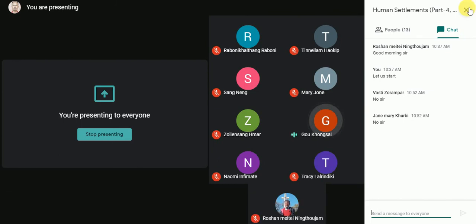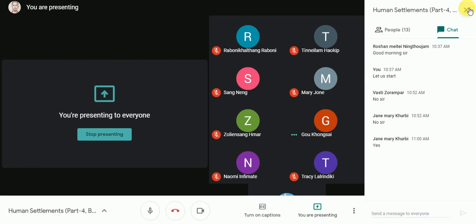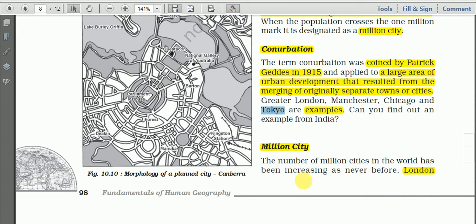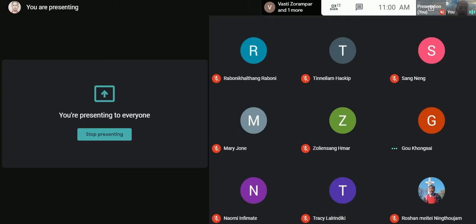What is a satellite town? Actually, a satellite town is a small town located nearby a big city.